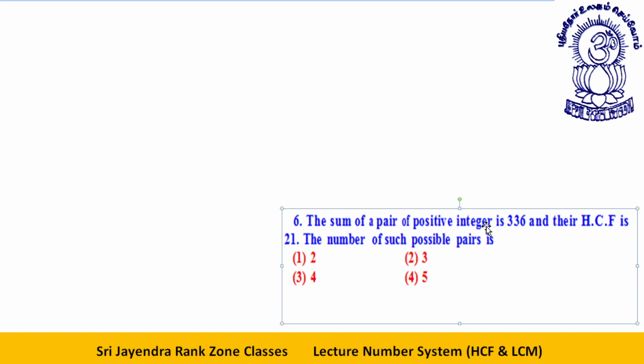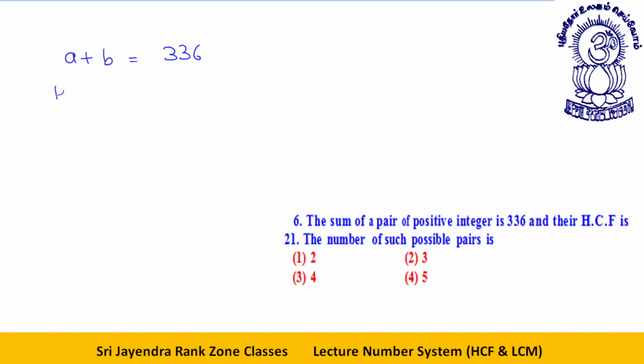The sum of a pair of positive integers is 336 and their HCF is 12. The number of such pairs is, look, 336. A is what? HX. B is what? HY. H into X plus Y is equal to 336.